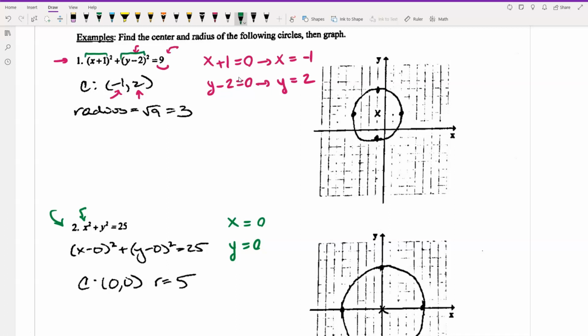So equal to 0 each one, and then solve for x and y. But in this case, we only have x, so this means we have (x − 0)², (y − 0)². So the center is (0, 0). And then what we have here is 25, so use that number, and r is equal to the square root of 25, so the answer is 5. This is the radius.